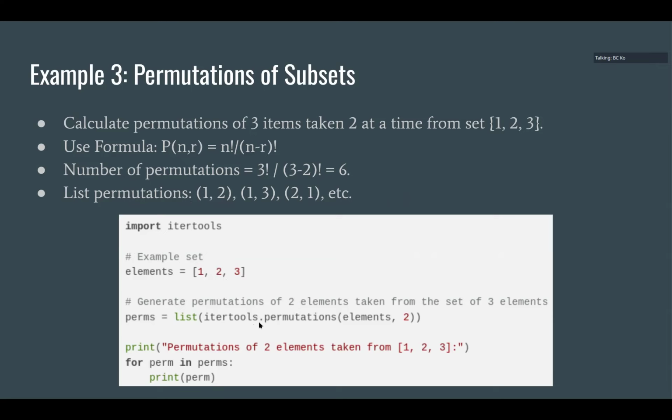And you can generate permutations of 2 elements taken from this list using itertools.permutations, but with a second argument of 2, which specifies the length of each permutation. Once you do this, it will return an iterator, and you will convert this to a list.